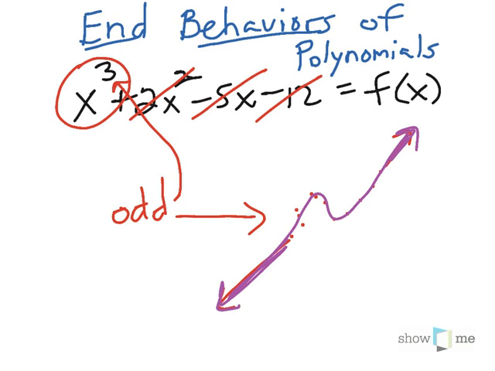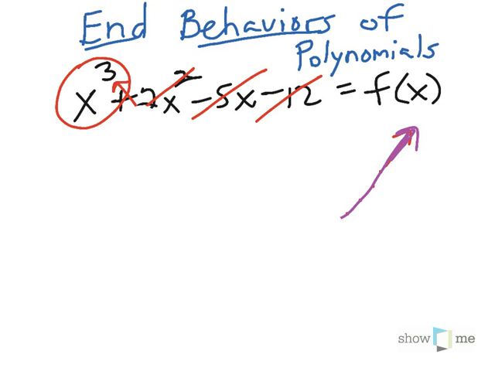Now, what if it's even? Let's take a look at that. If that number is even, so for example, let's say x to the fourth is my first term, x to the fourth plus something, and we don't really worry about the rest of that stuff.